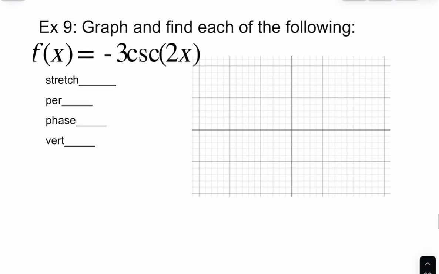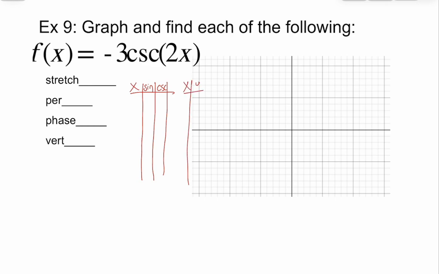So let's take a look at the function that we see here. What we're going to do is make a little chart. Our first one is going to have 3 things in it: x, sine, and cosecant. And then we'll make up an x and y for our new one.